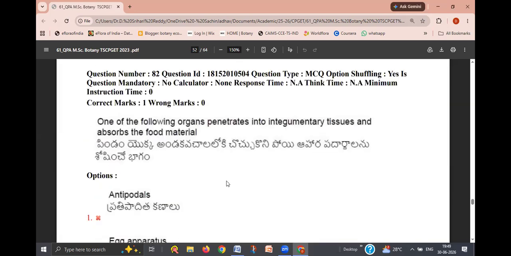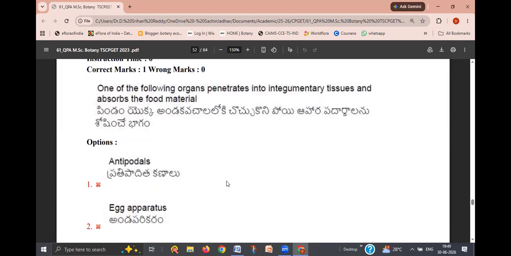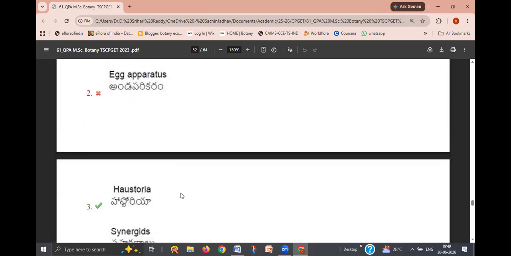Next, which of the following organs penetrates into integumentary tissues and absorbs the food material? This is related to embryology, where there are different types of endosperm. During the development of the embryo, there is a structure called haustoria.